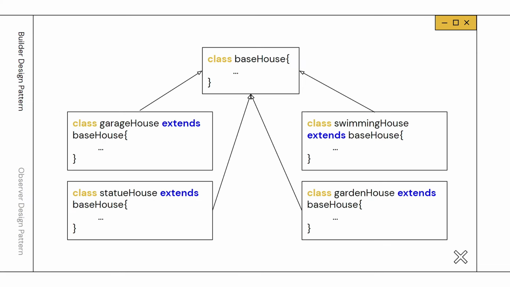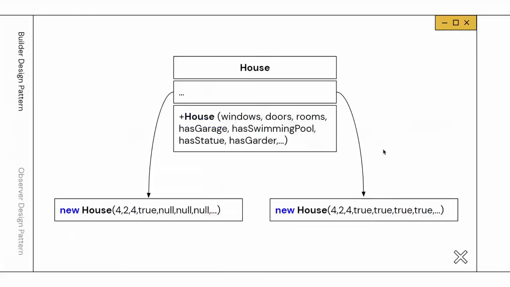A simple solution to this problem can be extending the base house class and adding the unique functionalities to the subclasses, but we will end up with an enormous number of subclasses. Another solution can be not creating any subclasses, rather we create a giant constructor in the base house class with all possible parameters that control the house object.